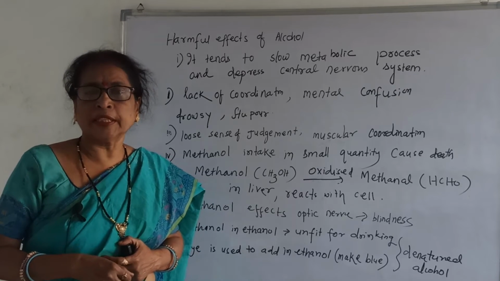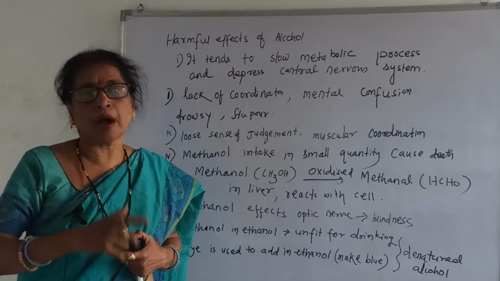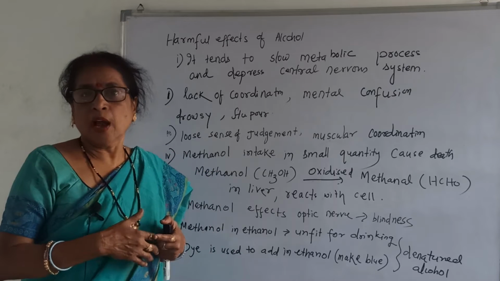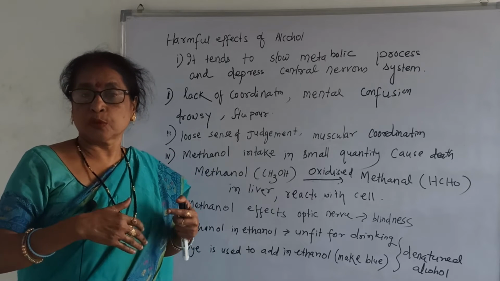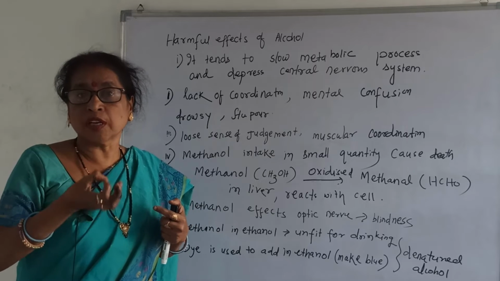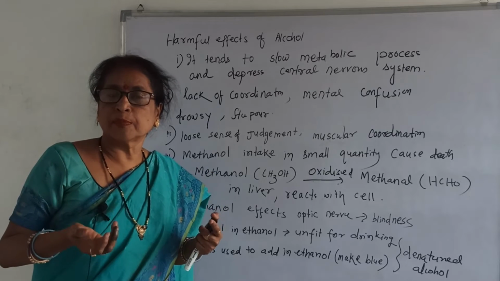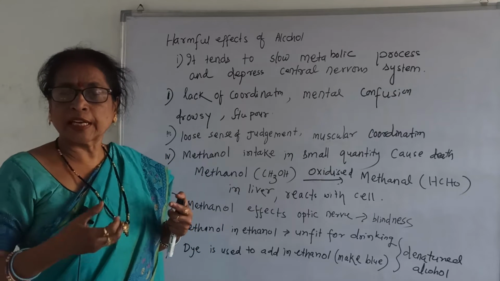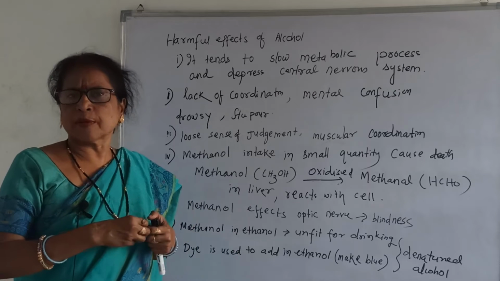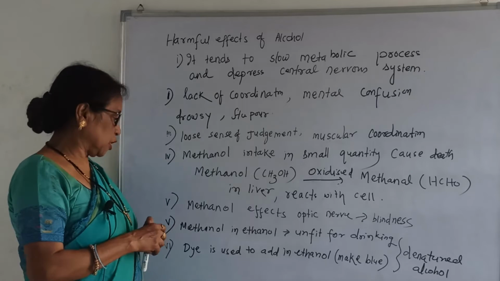Immediately after taking methanol, it may first attack the nerve system of the eye, because one can immediately become blind. One can become very nervous, and lastly, for want of water, one can die when he becomes blind, or when the central nervous system is damaged, or liver cells and cell components are damaged.